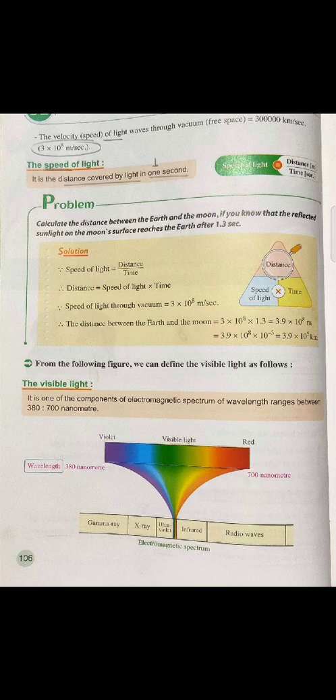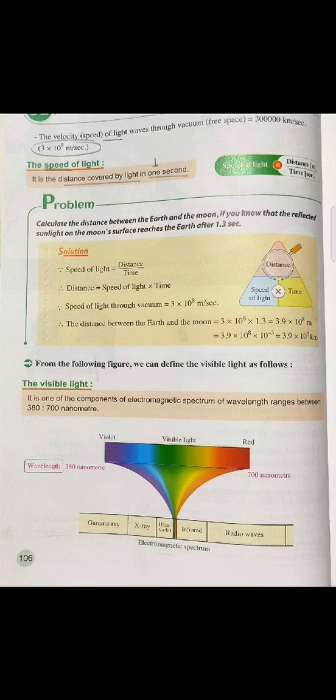Now we will apply the rule which says that the speed of light equals distance over time. Now it needs us to calculate the distance, so the rule will be distance equals speed by time.